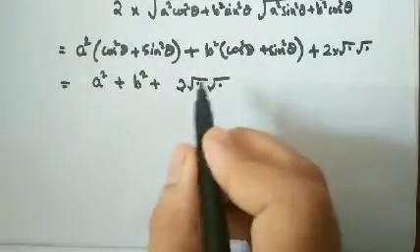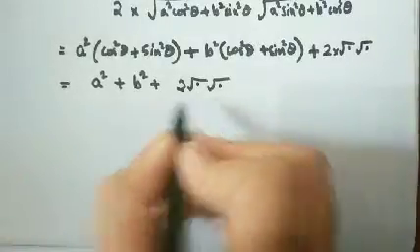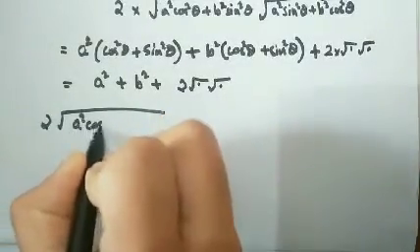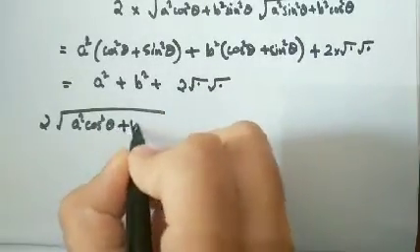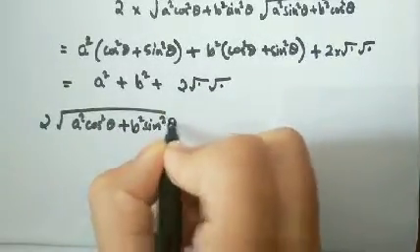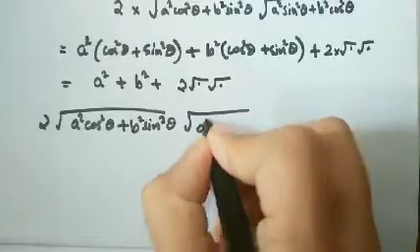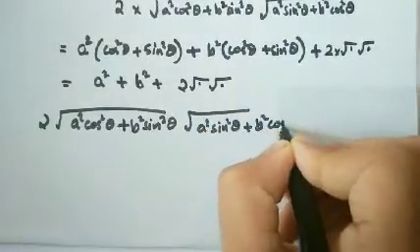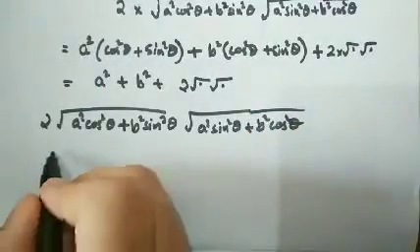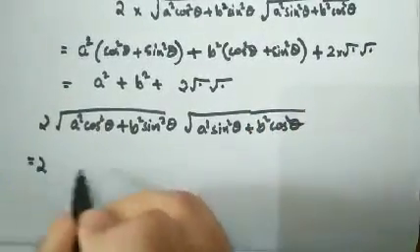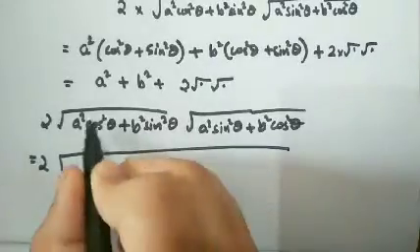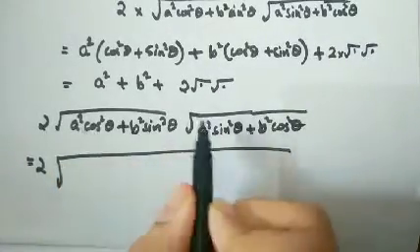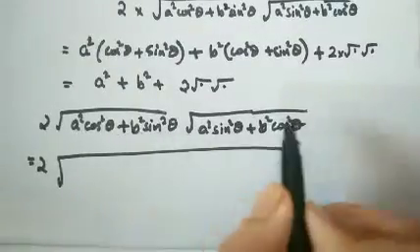Now let us calculate what this will become. This term is 2 into root of a square cos square theta plus b square sin square theta into a square sin square theta plus b square cos square theta. Inside this root we will have 4 terms: multiplication of this into this, this into this, this into this, this into this.